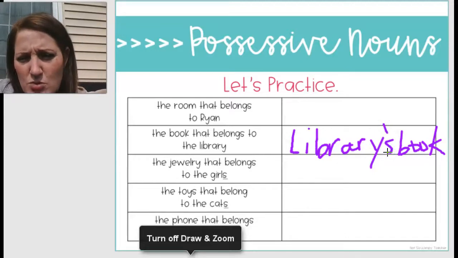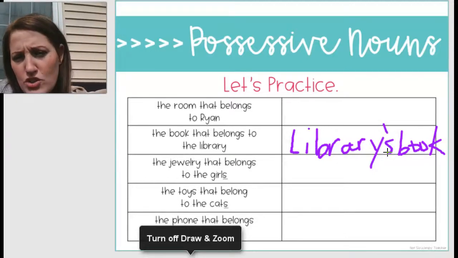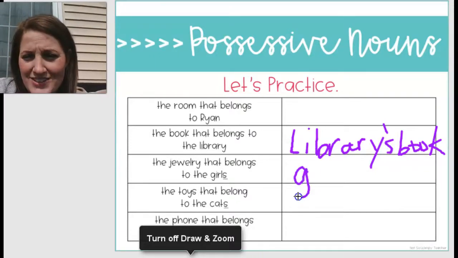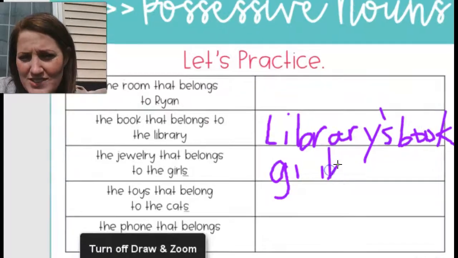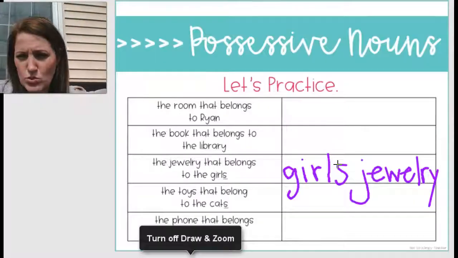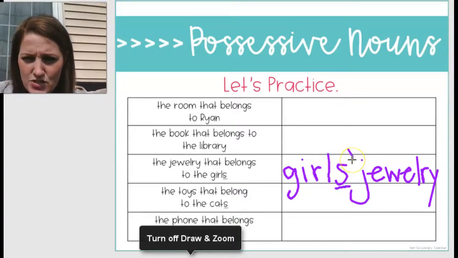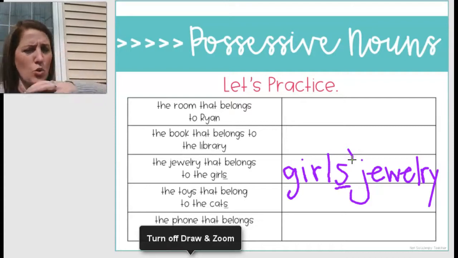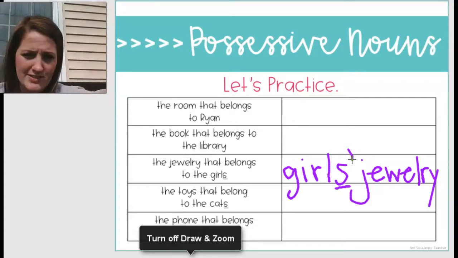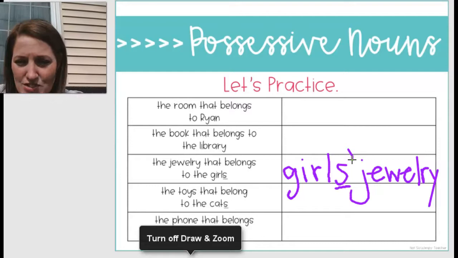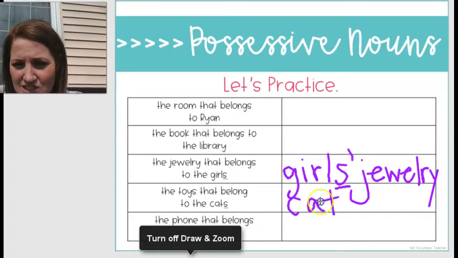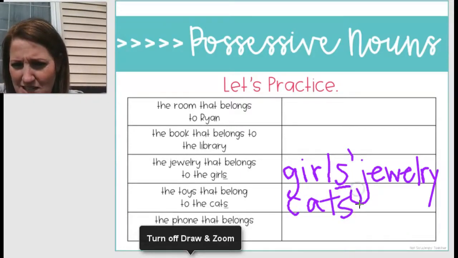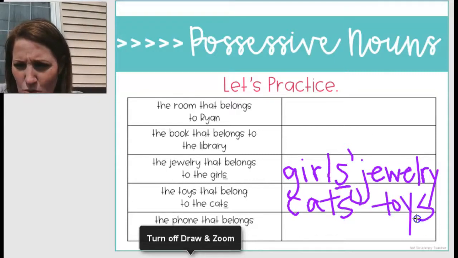What do you think about the next one? The jewelry that belongs to the girls. Is it the jewelry's girls or the girls' jewelry? You should have said girls' jewelry. Since girls already ends with an S, we would just put an apostrophe. The next one, the toys that belong to the cats. It should be cats' toys. Since cats already ends with an S, we're going to add an apostrophe and then toys.